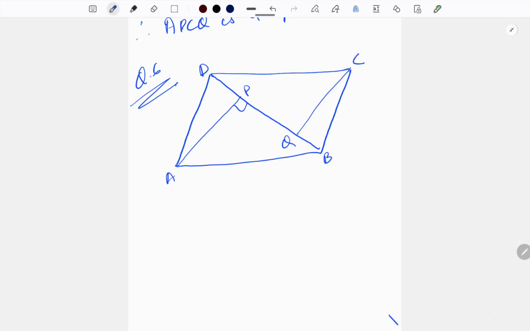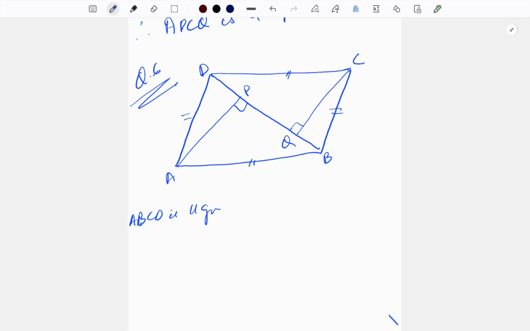Now, given that ABCD is a parallelogram, what we can derive is this equal to this equal to this. AP and CQ are perpendiculars from angle A and angle C drawn on diagonal BD. First thing, APB is congruent to CQD.